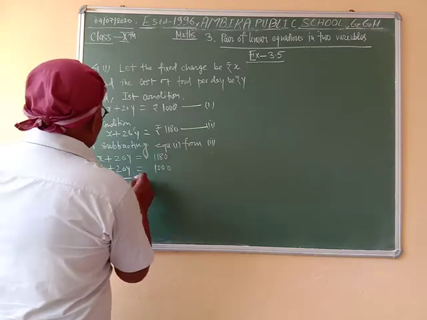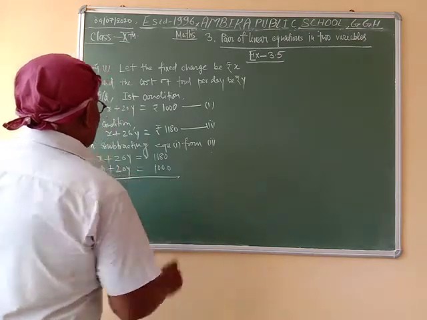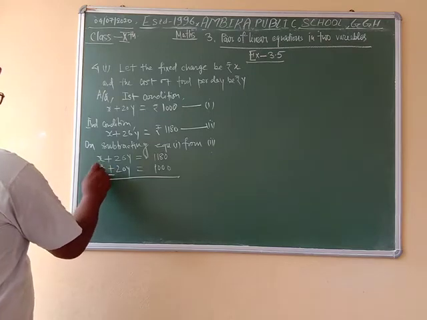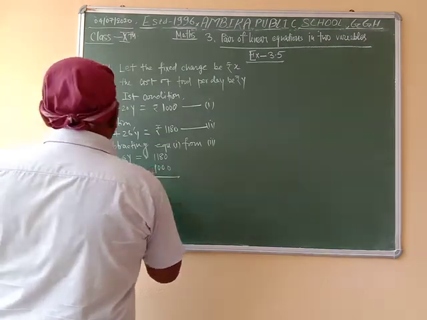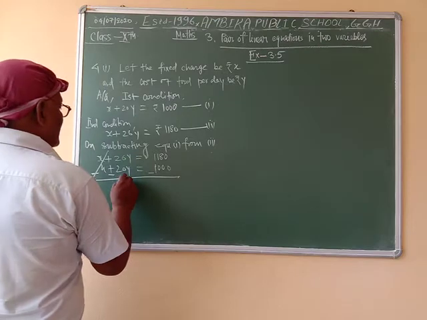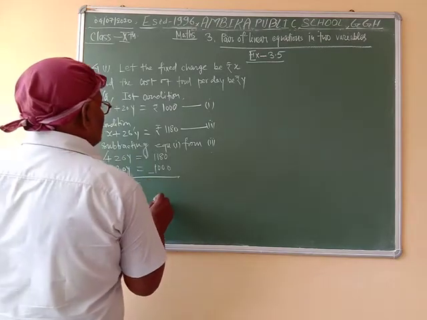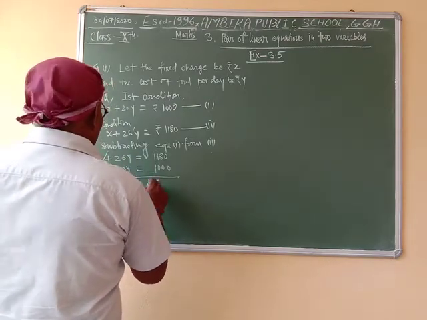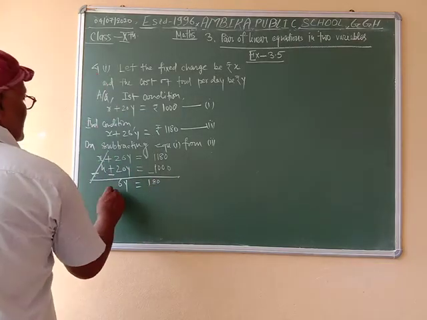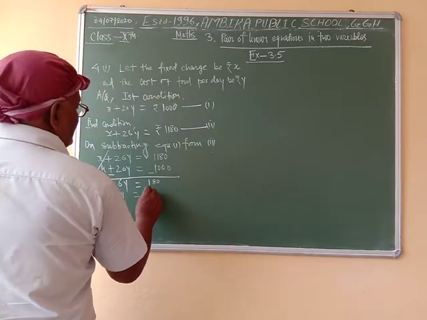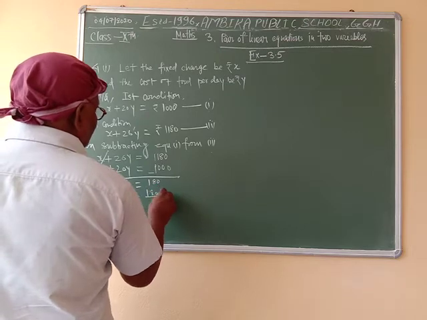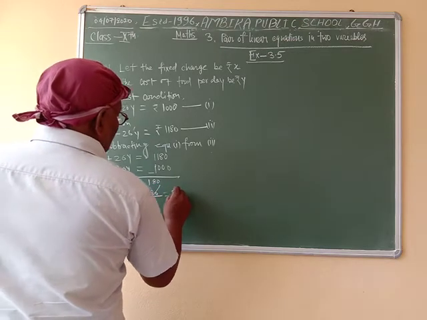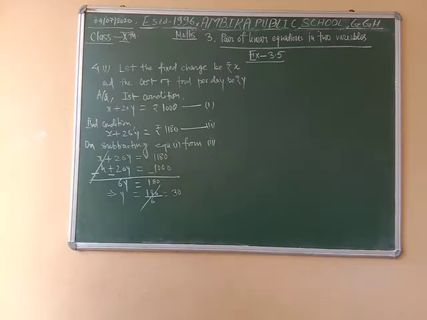So subtracting, the sign will be changed, and 6Y is equal to 180. So Y is equal to 180 by 6. So the cost of food per day is equal to 30 rupees.